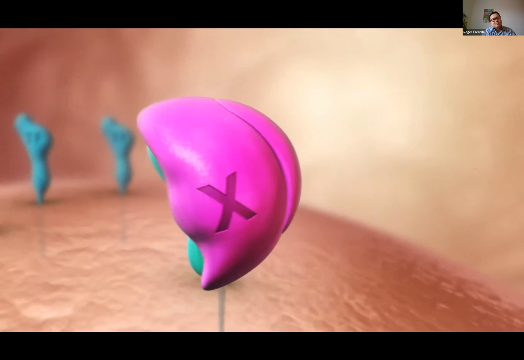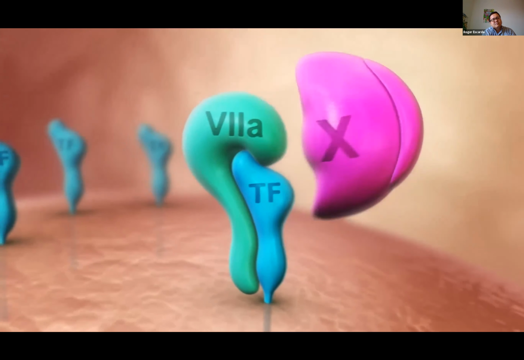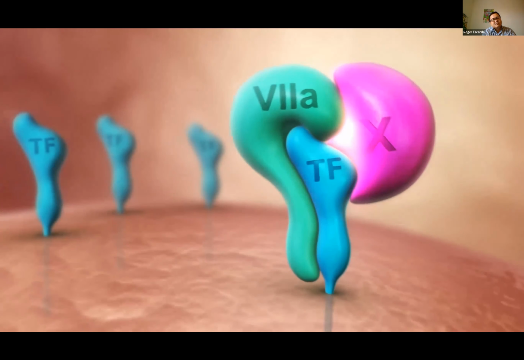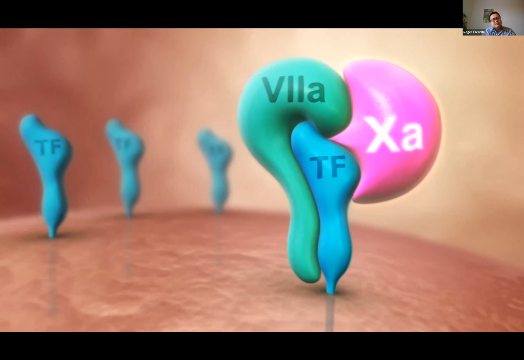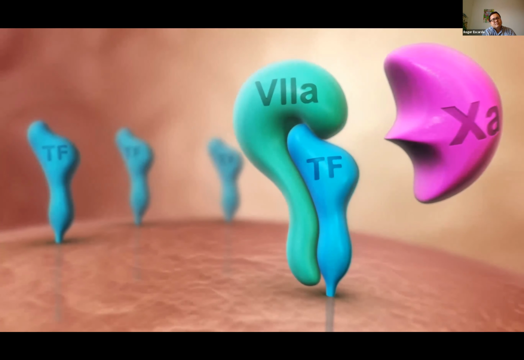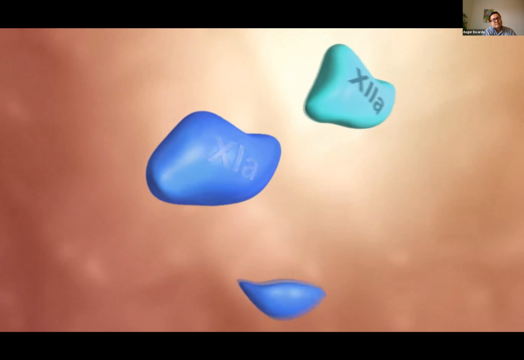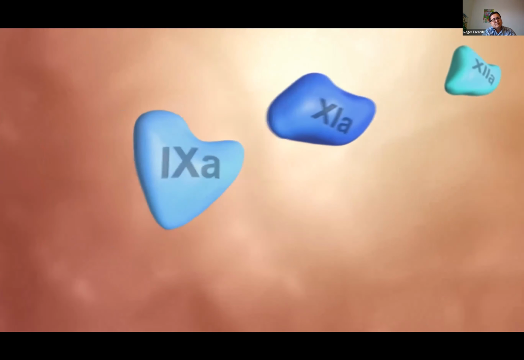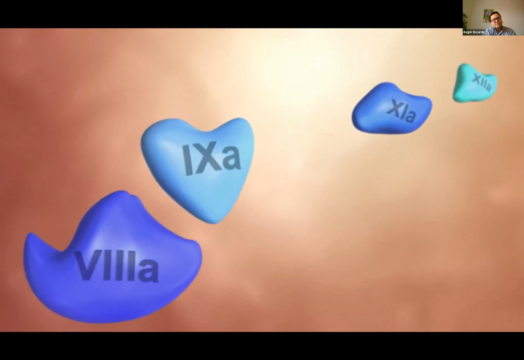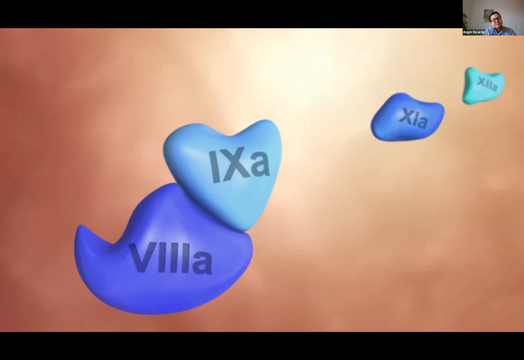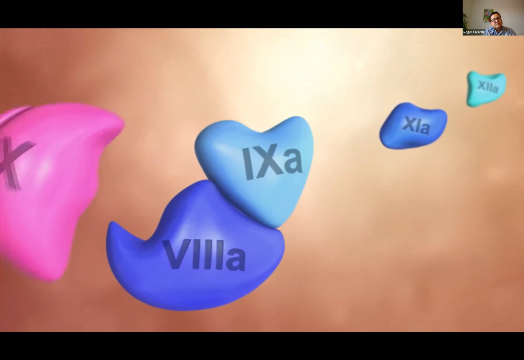Finally leading to the activation of factor 10. This factor 10A is the point at which the extrinsic and the intrinsic pathways of the coagulation cascade meet. The intrinsic pathway consists of various coagulation factors activating each other in a chain reaction. At its end, a complex with an additional cofactor is formed.